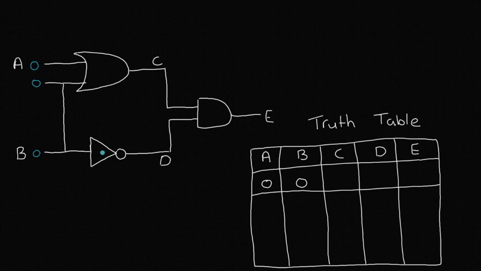Now when we go through our NOT gate, we know that our NOT gate flips our bit, right? So whatever our input is, it gives us the exact opposite. So we know if we get a 0 in here, we're going to get a 1 as our output. If we had a 1 here, we would get a 0 as our output. So beside D here, I'm just going to put 1 because that's the value that we're going to have.